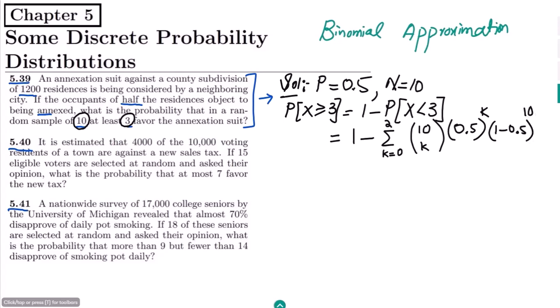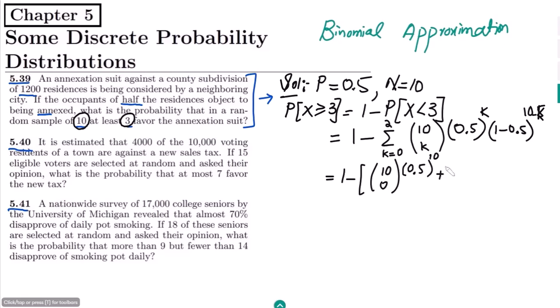So here it would become 10 choose 0, 0.5 raised to power 0 is 1, and 0.5 raised to power 10 minus K, so it would be 10.